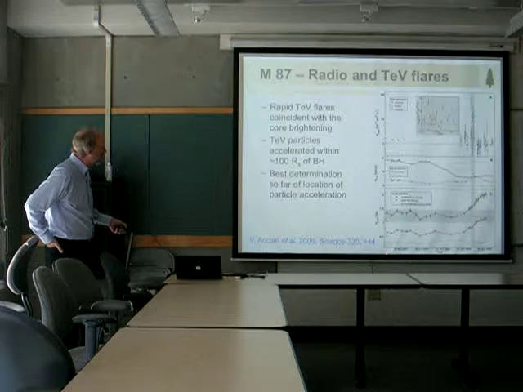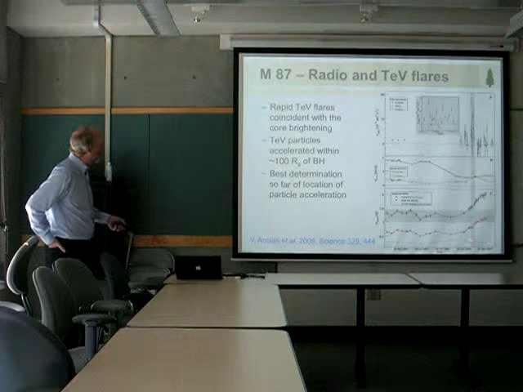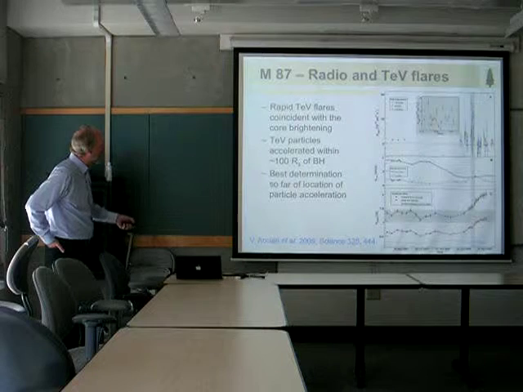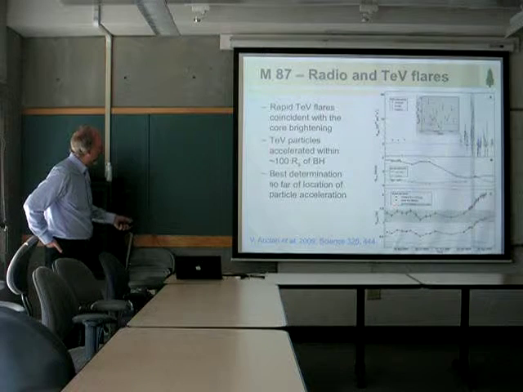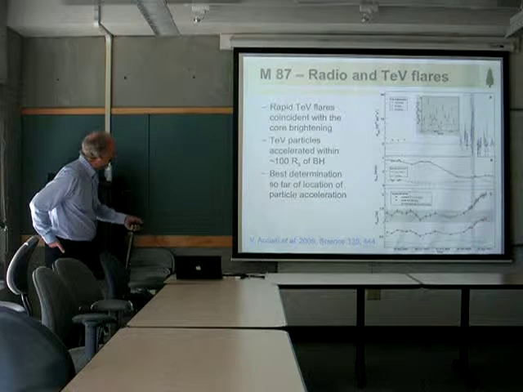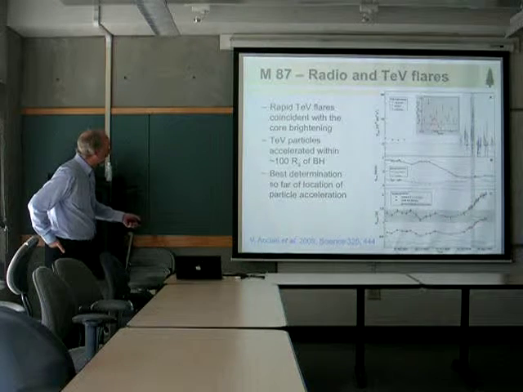So these are now looking at the emission from various regions as a function of time and in various wavelengths. This is radio data of the emission from the center, from the nucleus.